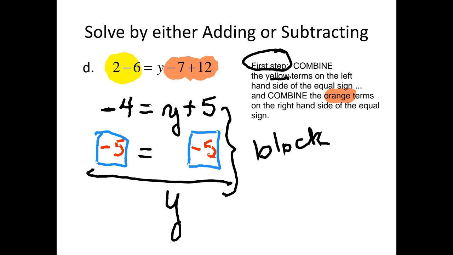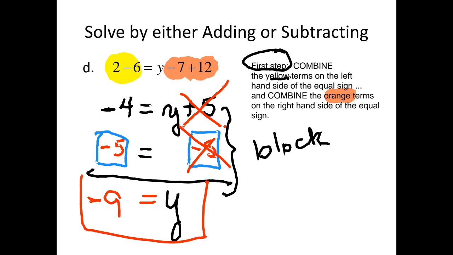What's the opposite of the number with the variable? These are going to cancel out. And notice I don't write 0 down here next to the y. They canceled out. But on the left side, -4 plus -5 is -9. This is my answer. Okay.